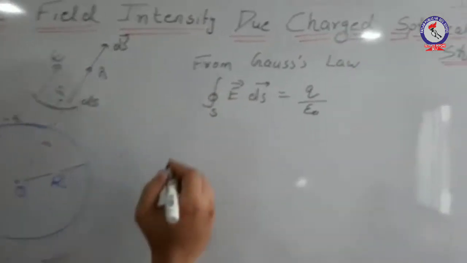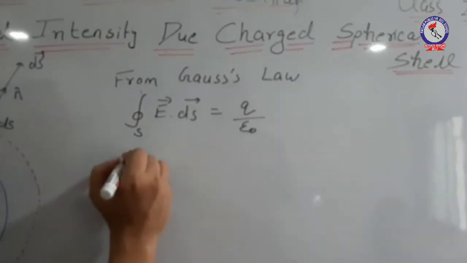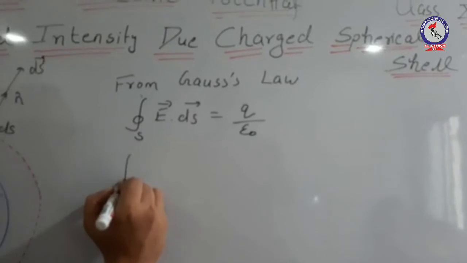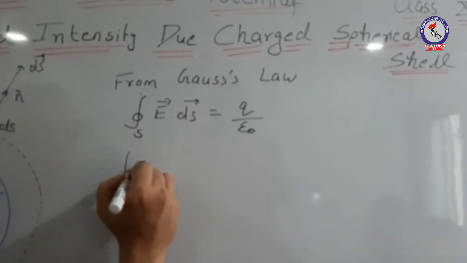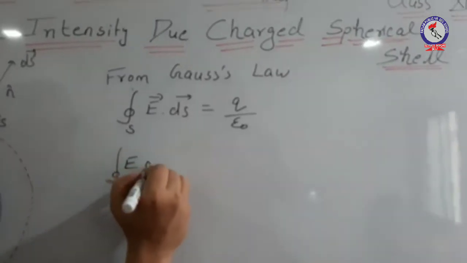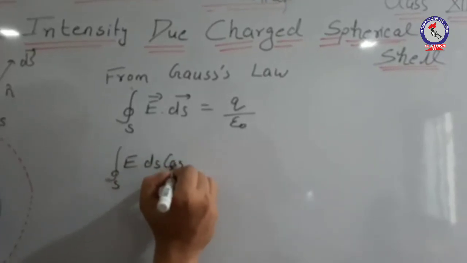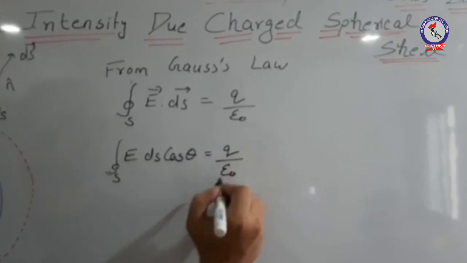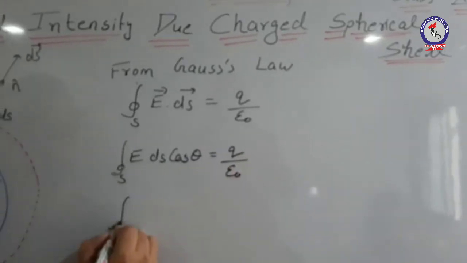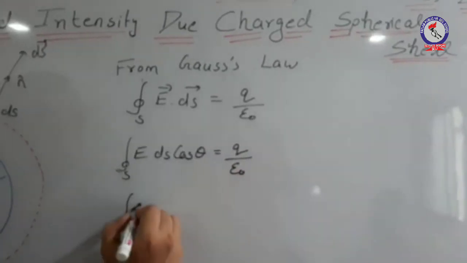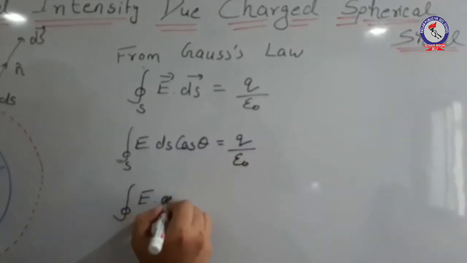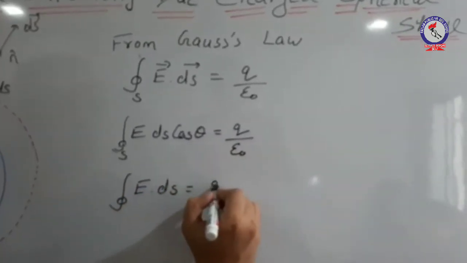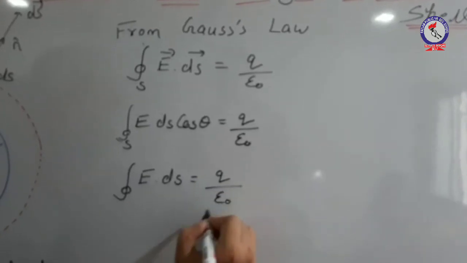Again, coming back to the expression, splitting the vector product, since theta is 0 and cos 0 is 1, we will get integral of E ds equals Q upon epsilon 0.